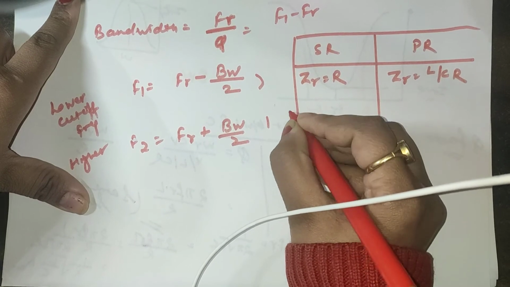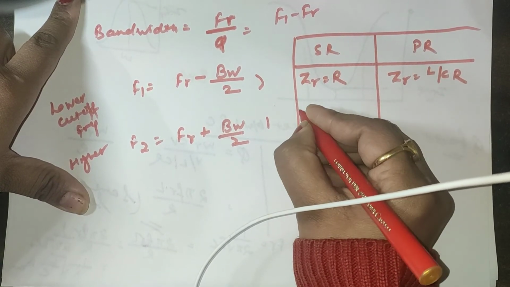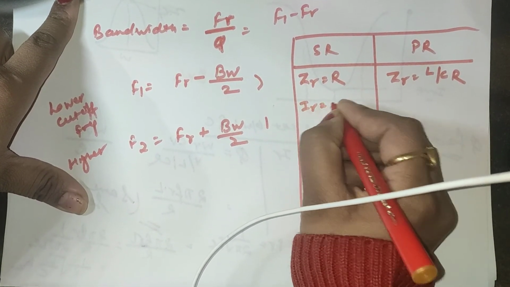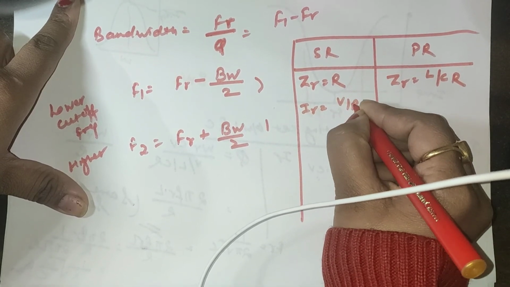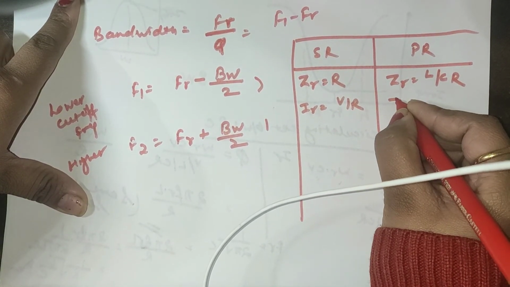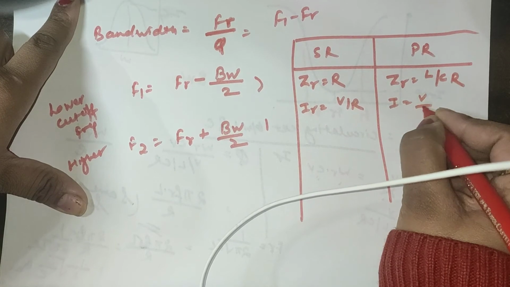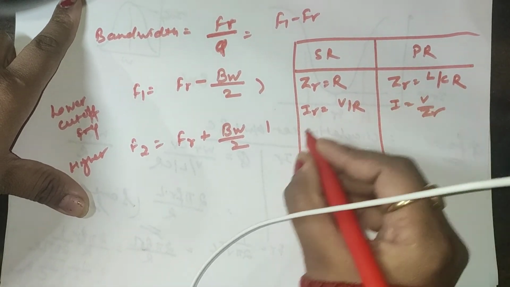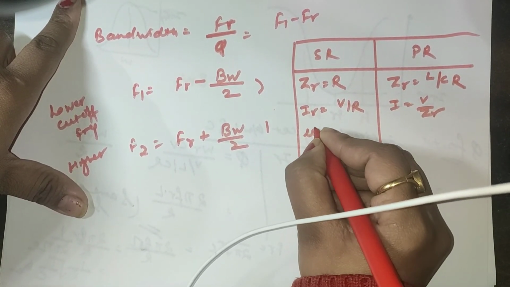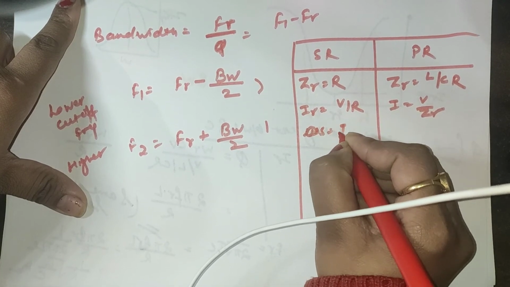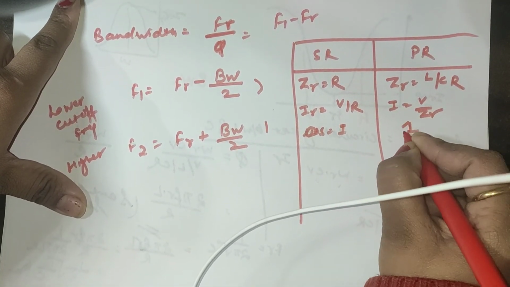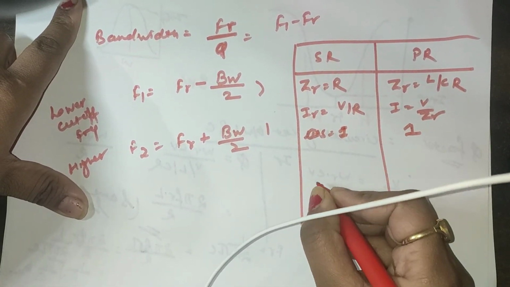At series resonance, current is V upon R, and at parallel resonance current is V upon ZR. पावर फैक्टर cos phi दोनों में 1 होता है.